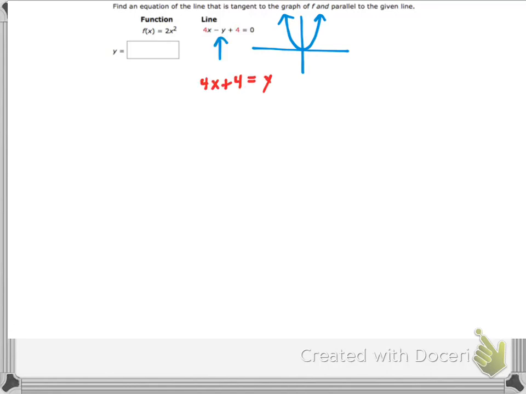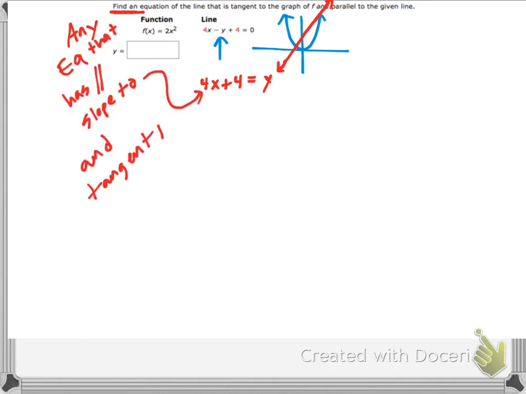So there we are. I solve for y, just added y to both sides. The slope of that line, which is not on the function, I'll graph it for you in a minute, has a slope of 4. It's just a line with a slope of 4, y-intercept of 4. Now what I want, it says find any equation that has a parallel slope to, and is also tangent to 2x squared.